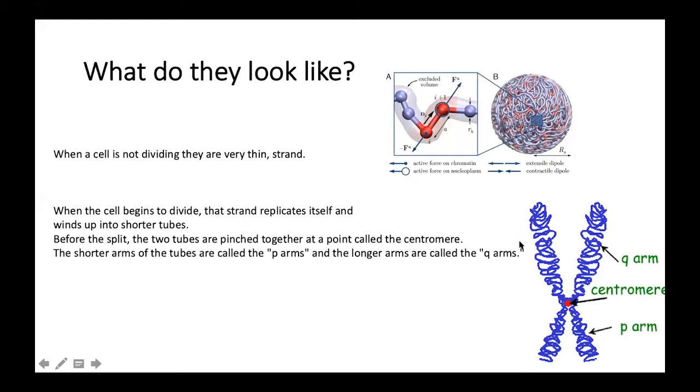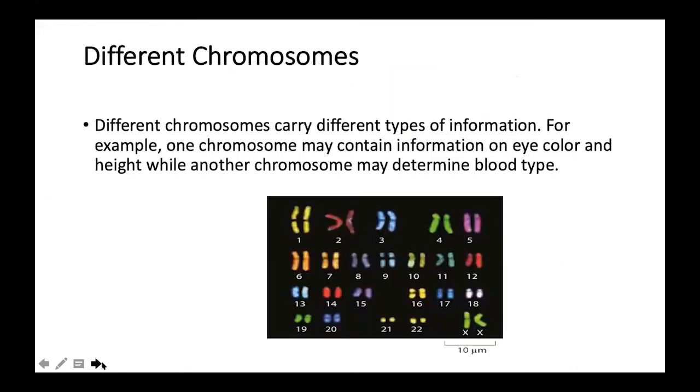But we need to specify that chromosomes are usually in pairs. Since chromosomes are usually in pairs, it means that humans have 23 pairs of chromosomes. You know that our body is made of different types of cells, trillions of cells.